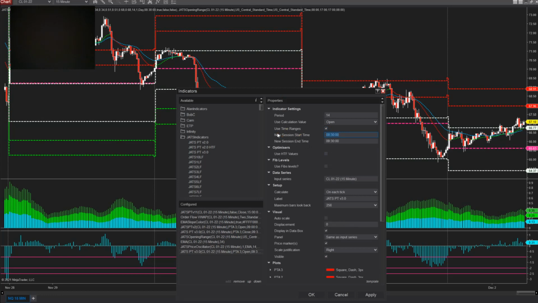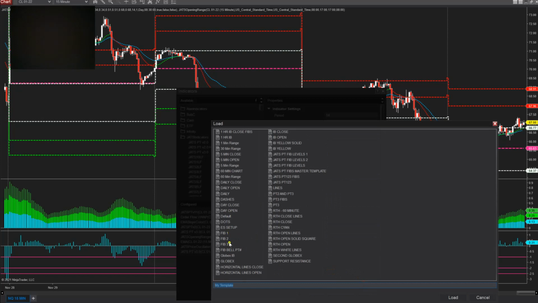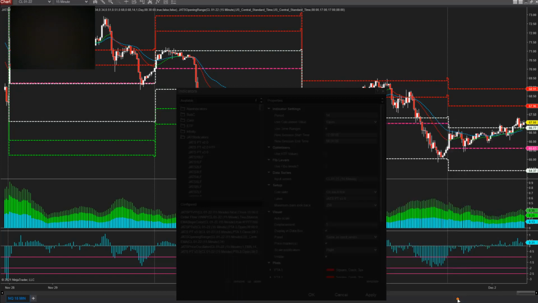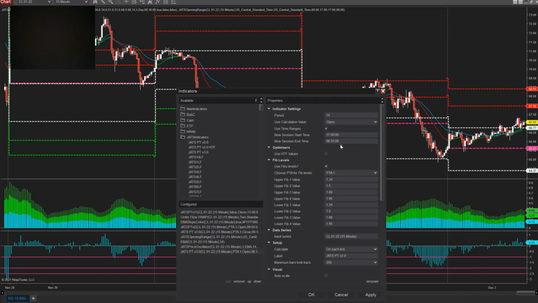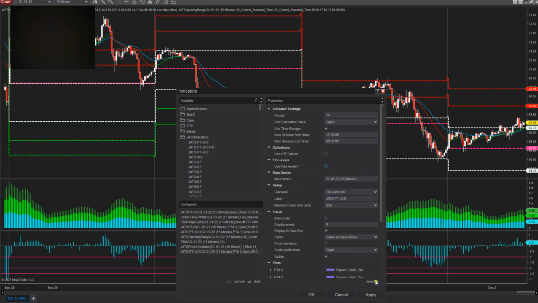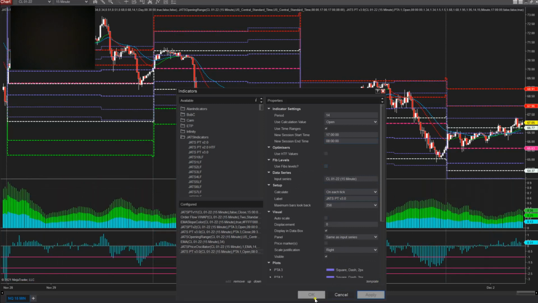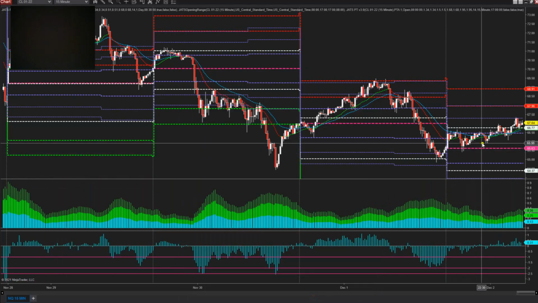So I'll put 1700, my time frame is central, so 1700 to 0800, the central time frame. And I've already got a template loaded for that, Globex 1700, and this is for the equity indexes, so I just changed it to 8. Let me take the fibs off, and let's just see inside the range distribution.